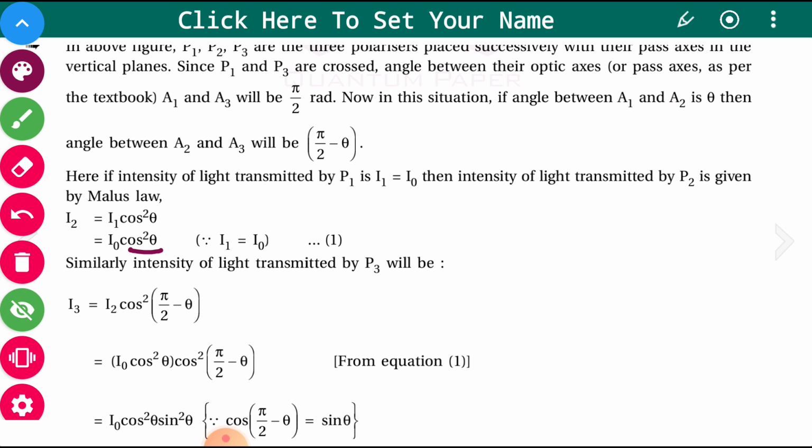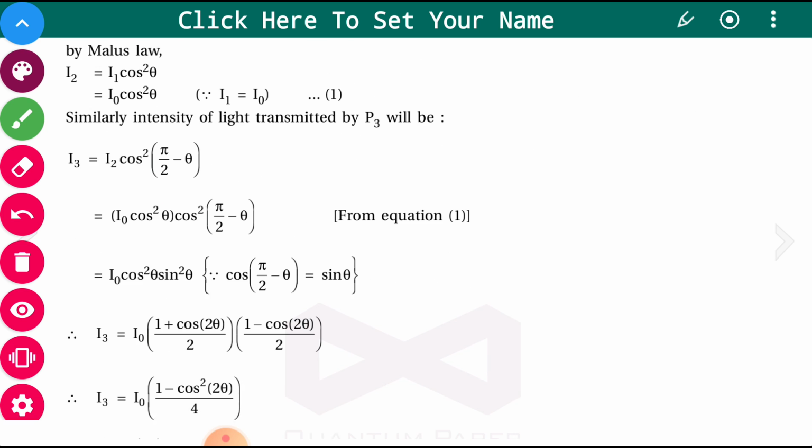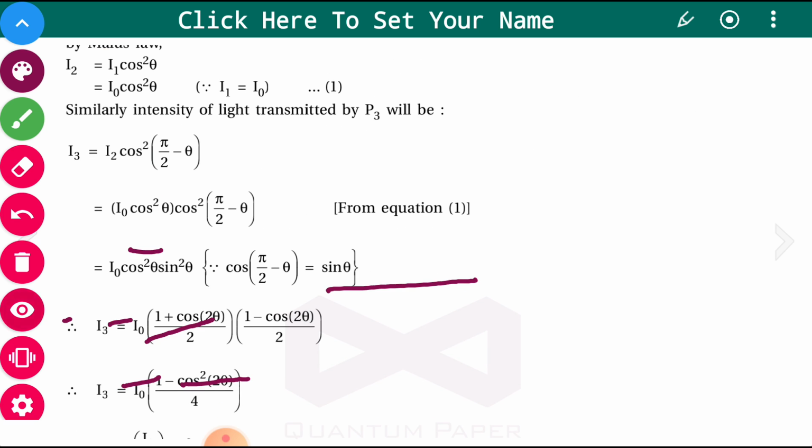Similarly, the intensity of light transmitted by the third plate, I3, is equal to I2 cos square pi by 2 minus theta. Now I2 is nothing but I0 cos square theta, and cos square pi by 2 minus theta is nothing but sin square theta.